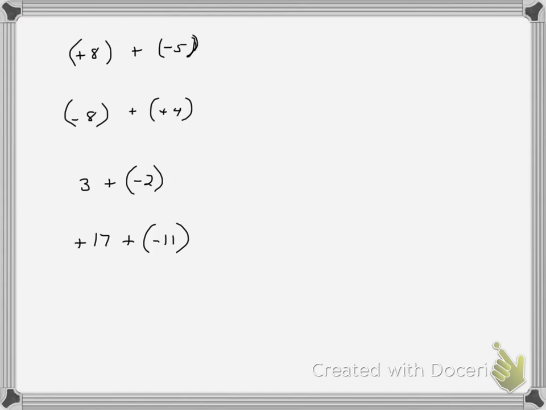So now thinking these through on the number line, if I'm starting at 0, I'm going to go positive 8, and then in the other direction, 5. So what is the difference between 8 and 5? First I went to the positive side, 8, and then back, 5.